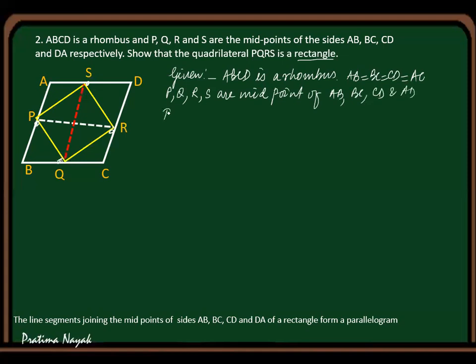To prove, we need to prove PQRS is a rectangle. So we have to keep in mind that in a rectangle diagonals are equal. We have to prove the diagonals are equal. Now, what is the construction?